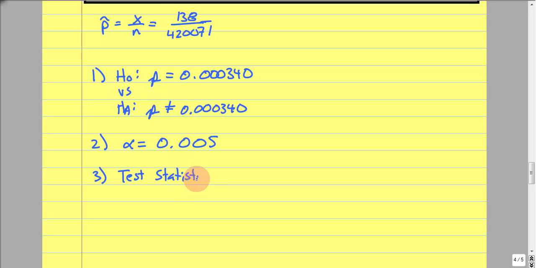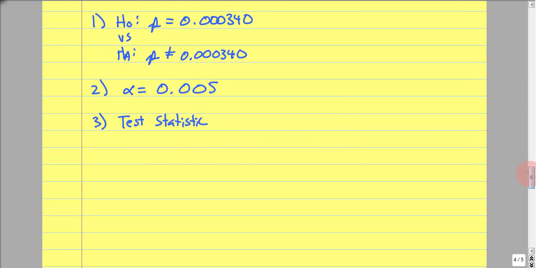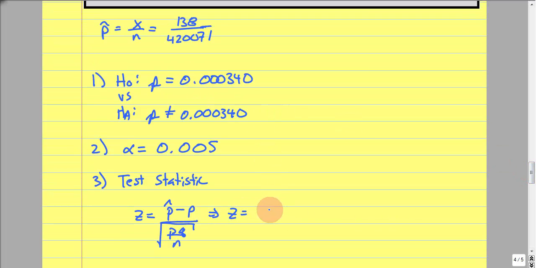Third step, we're going to calculate our test statistic. Now with our test statistic, it's good just to write it down first and then go ahead and populate it. This would be p hat minus p, over the square root of pq over n. So my p hat was right from up here, 138 divided by 420,071, minus the proportion in my H0.